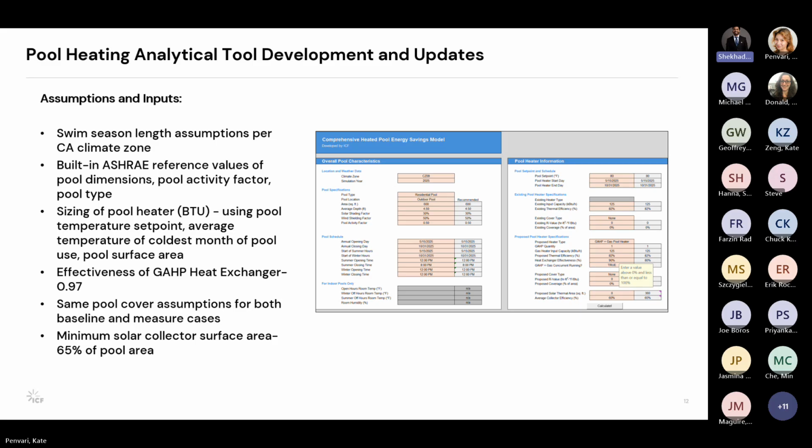We updated our existing tool to add different types of technologies discussed before, and you can see the input tab, which collects information about pool type, whether it is residential, multifamily, or club, and pool location, outdoor as well as indoor, climate zone in California, assumptions related to pool cover, more information about pool set point, existing as well as proposed equipment.